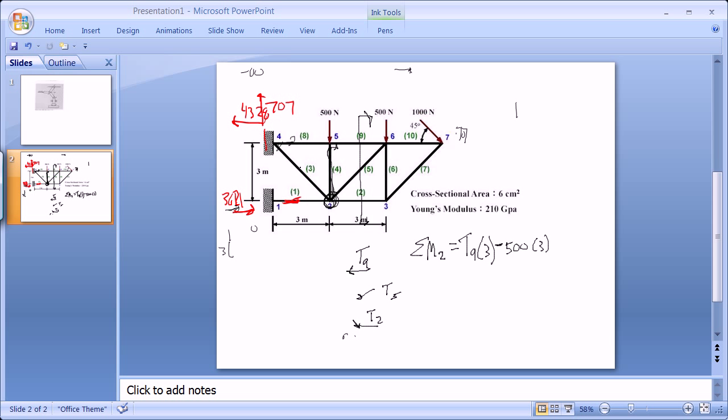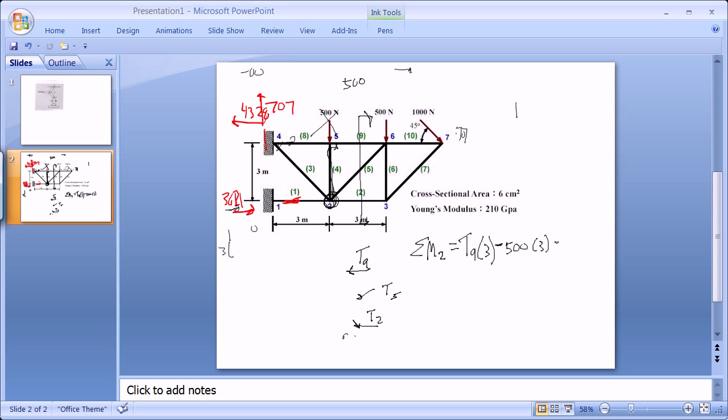And so this has to react to this with 500. Realize this 500 out here, we don't see that. We don't see any of this because we're cutting the structure right through here. Even though we're using some of the moments here, we can cut that anywhere we want. But we can realize here that this is obviously going to have to be 500 to resist that.